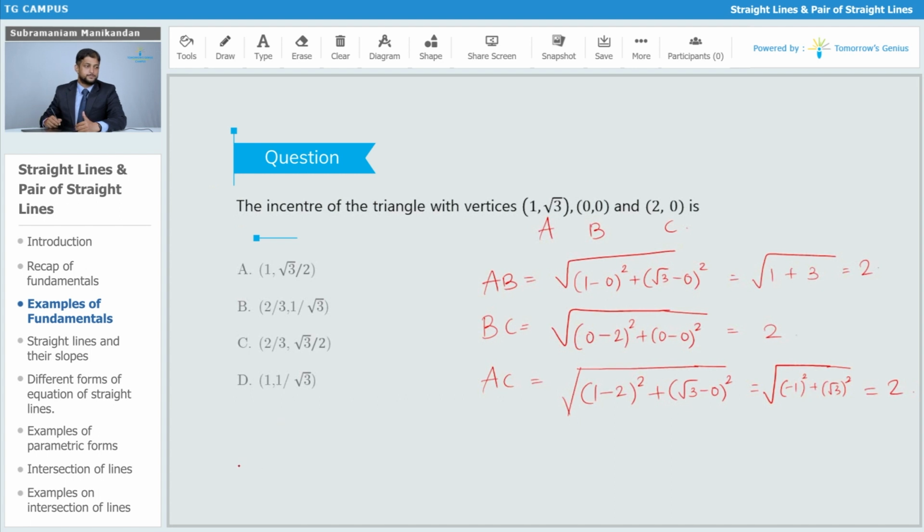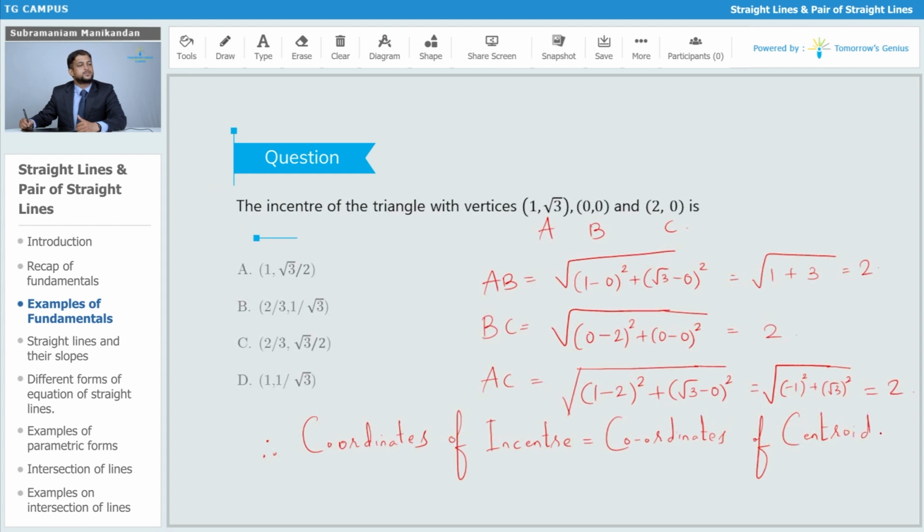So therefore, the coordinates of in-center will be equal to the coordinates of the centroid of this triangle, and that's given by 1 plus 0 plus 2 divided by 3, root 3 plus 0 plus 0 divided by 3.